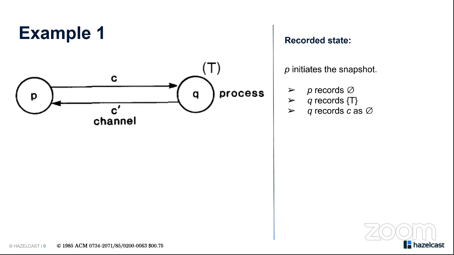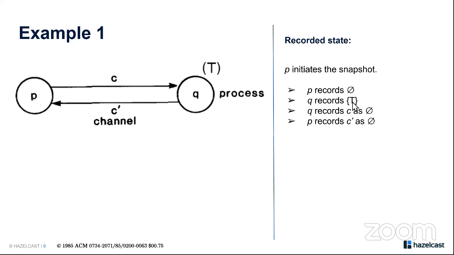And when process P receives the marker along this C dash channel, it will record the state of the C dash channel again as the empty set, because since P recorded its state, no message was received along the C dash channel. And here, as you see, marked with these 4 arrows, these are 4 pieces that together comprise the global state.